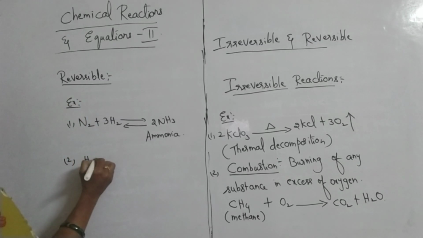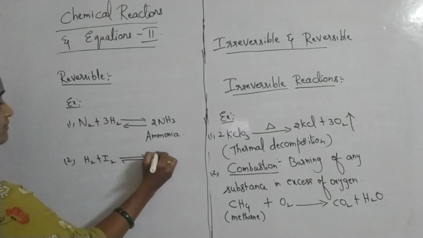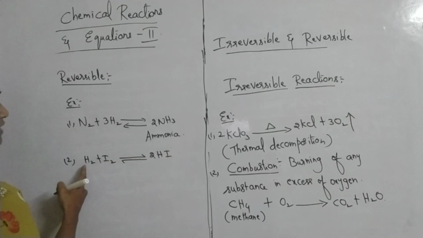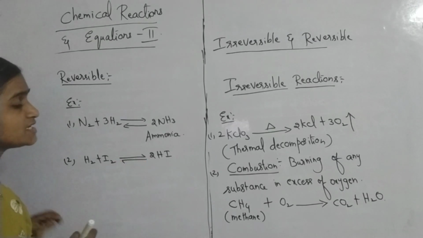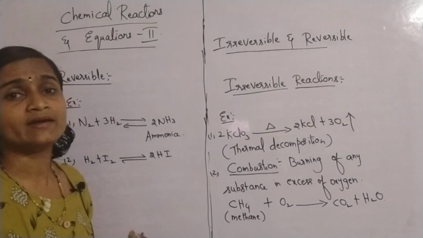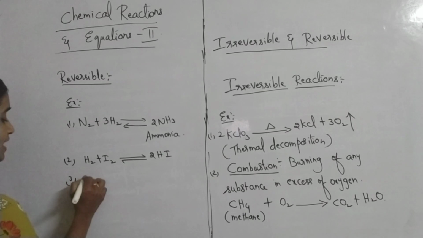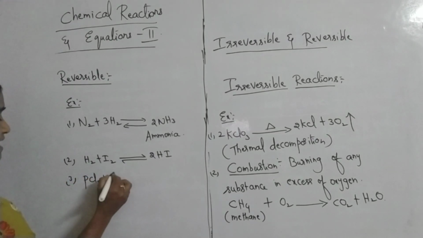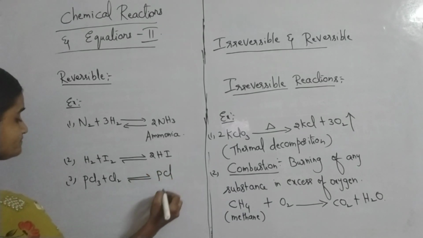Same like that, H2 plus I2 gives rise to 2HI. Hydrogen plus iodine, I2 stands for iodine, gives rise to hydrogen iodide, 2HI. It's a reversible reaction. You can also take the example of PCl3 plus Cl2 gives rise to PCl5.